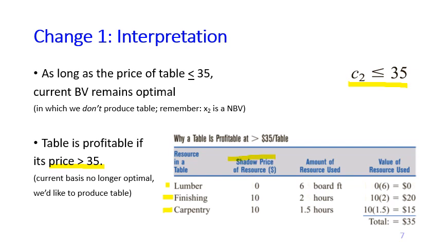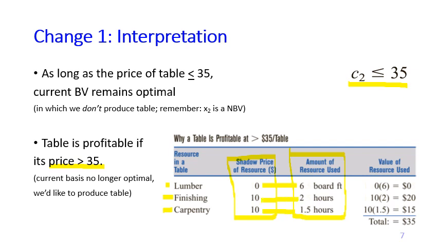We have obtained the shadow price of each resource, and we also know that the amount of resource used to make a table is 6 board feet of lumber, 2 hours of finishing, 1.5 hours of carpentry. So we may calculate the total value of the resources by multiplying the shadow price of each resource times how much of each resource is used to produce a table.